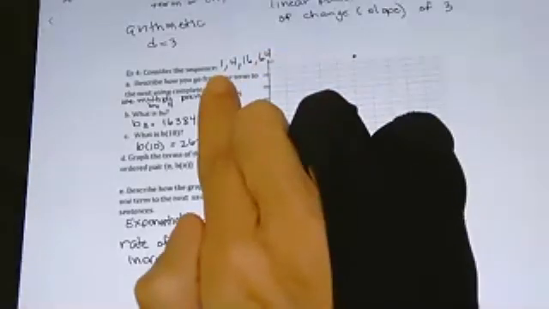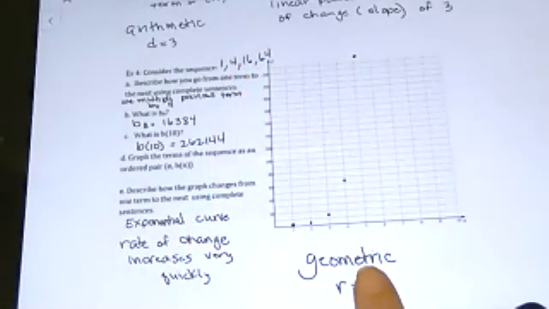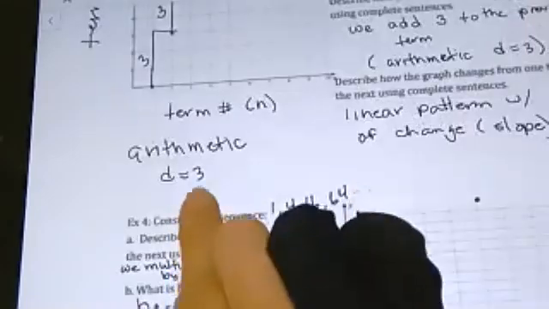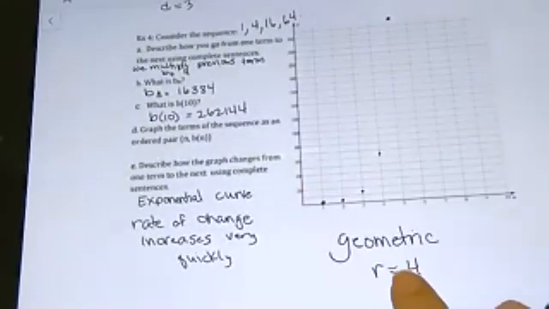So for example, if you saw this on Delta Math, 1, 4, 16, 64, you would say geometric, common ratio, and then you would type in a 4. And that's all the Delta Math is going to ask you to do tonight. So it's really just distinguishing between the 2 types of sequences. So determining whether it's arithmetic or geometric, it'll be one or the other, and then saying what the common difference is or the common ratio. Arithmetic has a common difference, like up here. And geometric has a common ratio.